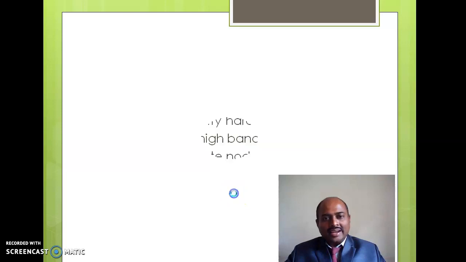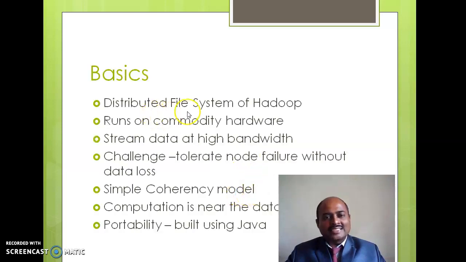The next slide explains the basics of HDFS. It's a distributed file system. It runs on commodity hardware and streams data at high bandwidth. The challenge is to tolerate node failure without data loss.